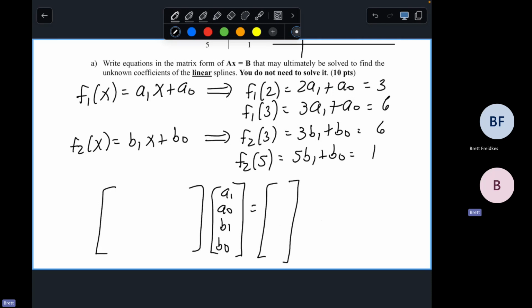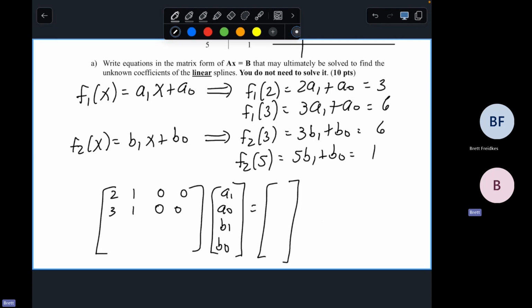So what's our first row? 2, 1, 0, 0. What's our second row? It's 3, 1, 0, 0. Am I losing anyone here?